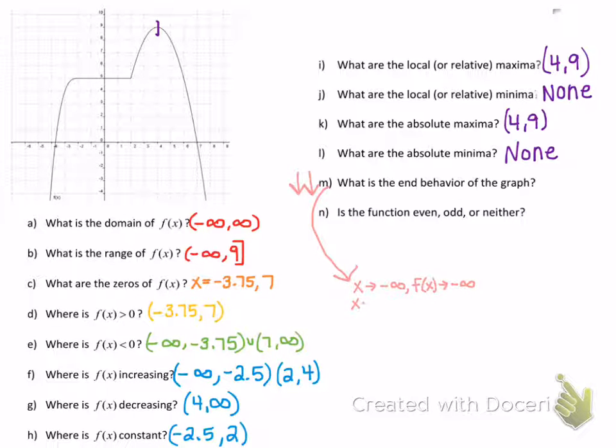Then as we go to the right, towards positive infinity, the function also goes down towards negative infinity. And looking at whether it's even, odd, or neither, this one is neither for the symmetry.